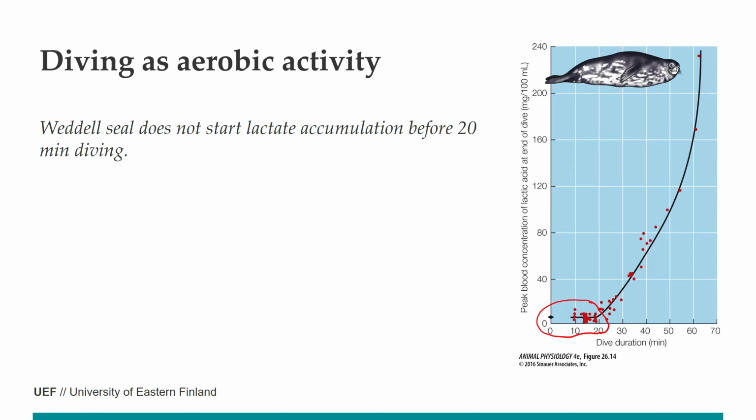And the reason you are not producing lactate is that if you take glucose, producing pyruvate, you are then producing carbon dioxide instead of lactate. So you are having oxygen.